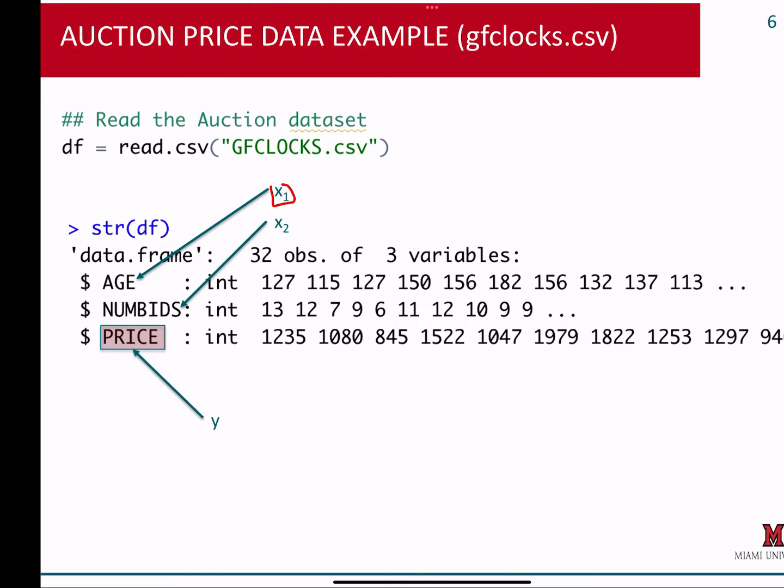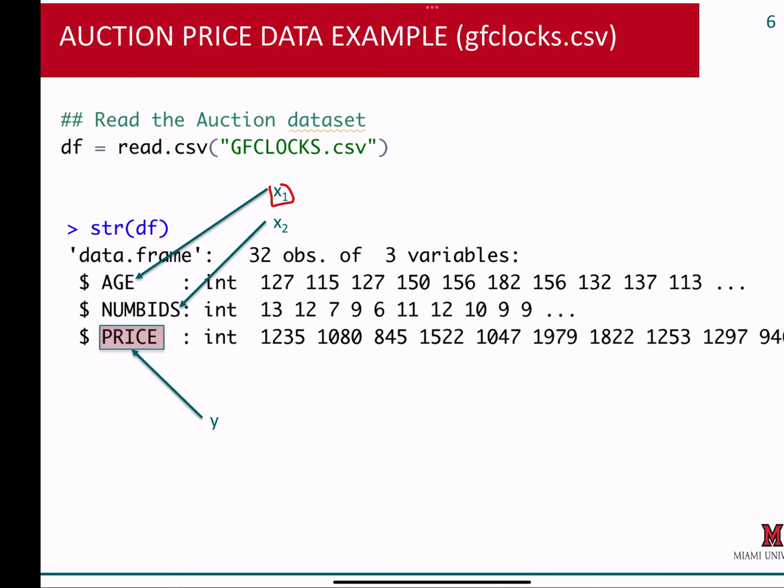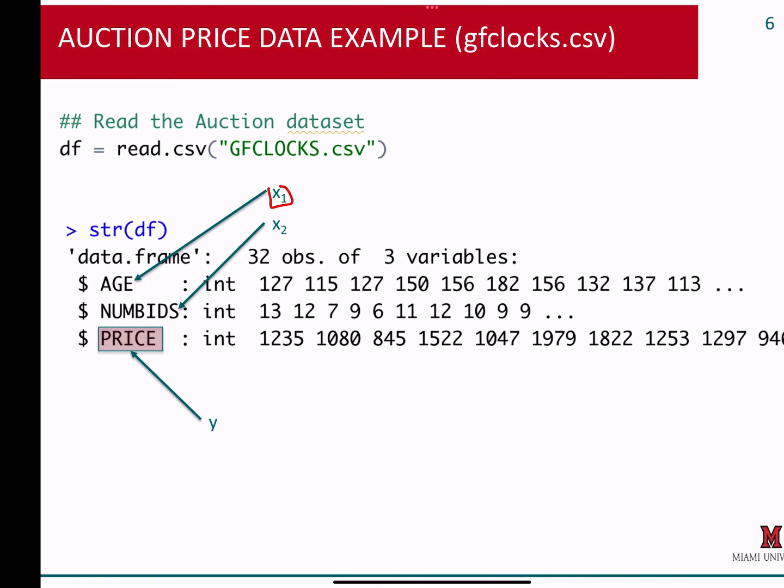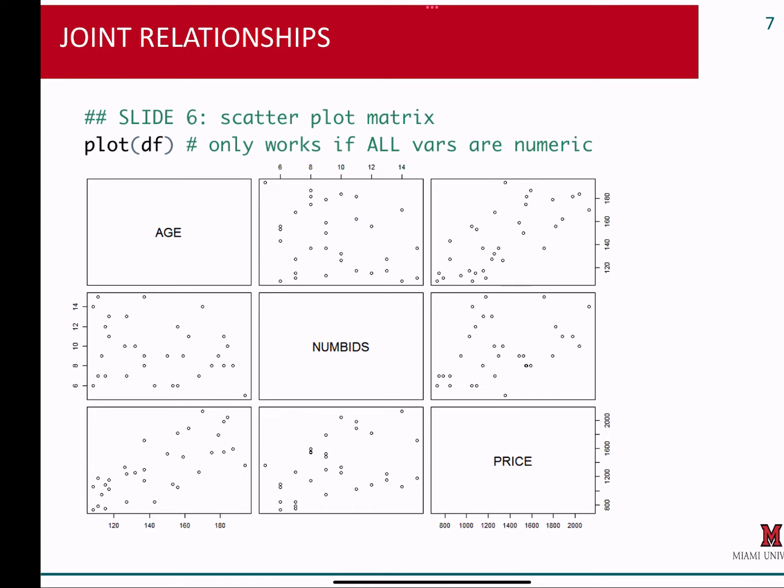If you're going to read this data in R, you can use the read.csv function because it is a CSV file. You don't need stringsAsFactors equal to TRUE because we don't have any factor variables, in other words, categorical variables. Using the plot function on the dataset can give you a scatter plot matrix. The scatter plot matrix basically just plots all relationships at once.